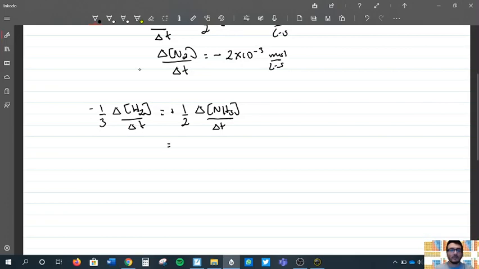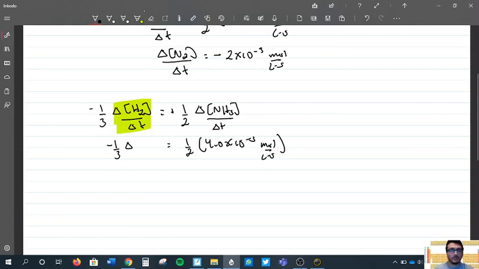Let's start plugging things in. All right, so 1 over 2. Okay, negative 1 over 3. We again want to solve for, it's asking us for the rate of change of the other reactant, hydrogen gas. Okay, so we want to solve for that.